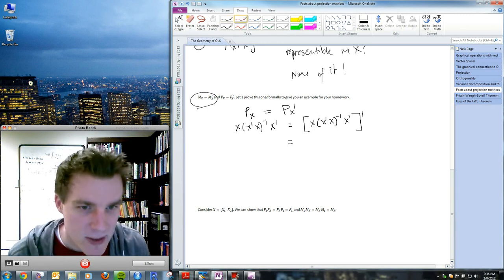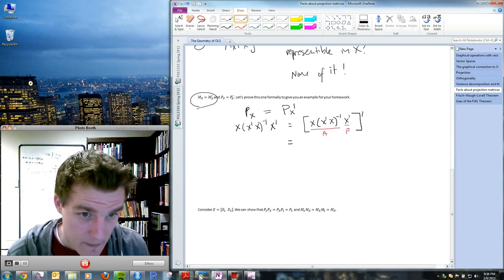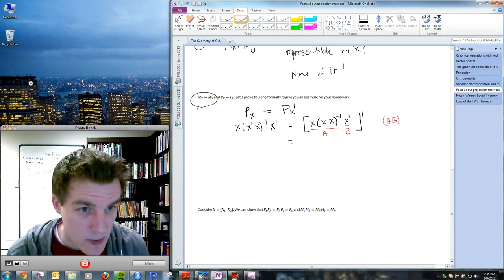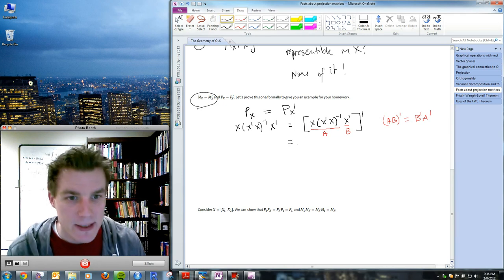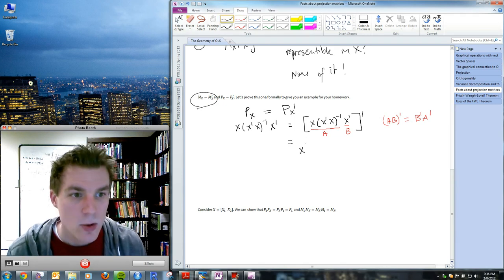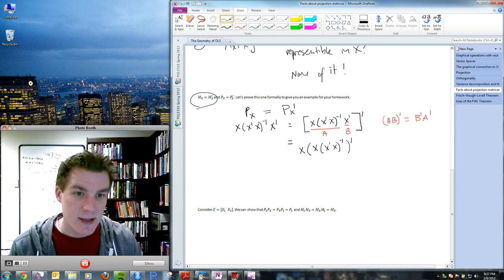So I'm going to call this here A and this here B. And we know that AB transpose equals B transpose A transpose. So this is going to enable me to write X transpose transpose, or X, times X transpose X inverse transpose. So the transpose of a transpose is itself again. That's what I've done here. So this is B, and then this is A transpose. Okay, so far so good.